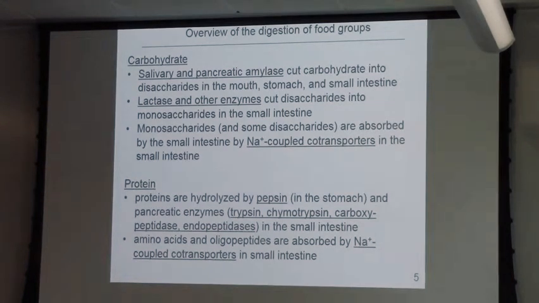So we have to talk about some chemistry here, right? You know the building blocks of carbohydrate are sugars. Several sugars make an oligosaccharide, and long chains of sugars make a polysaccharide or a starch. So in your mouth, you start to digest starches with salivary amylase.